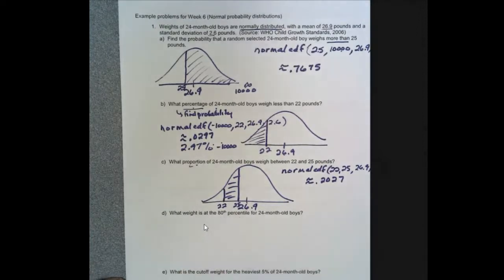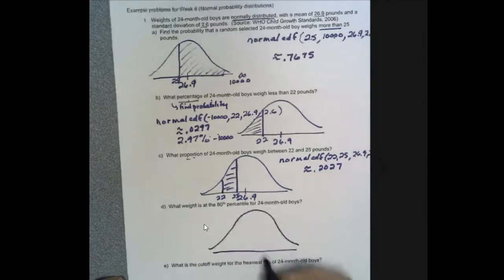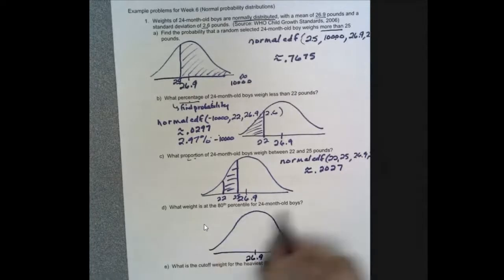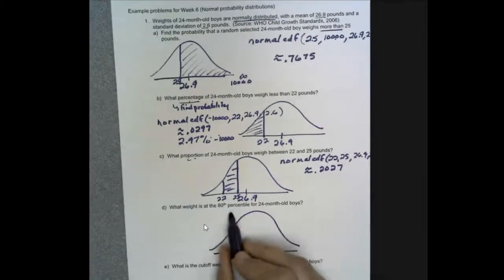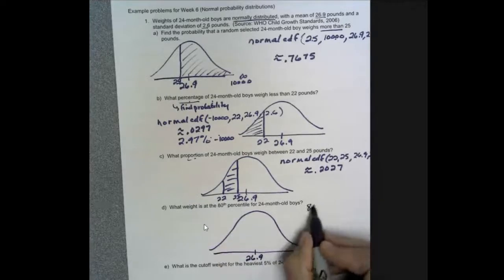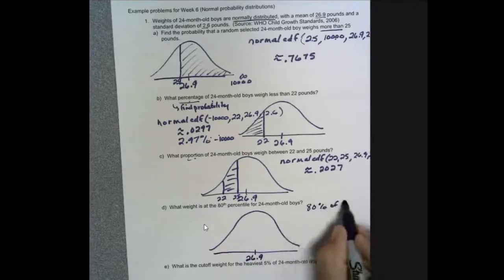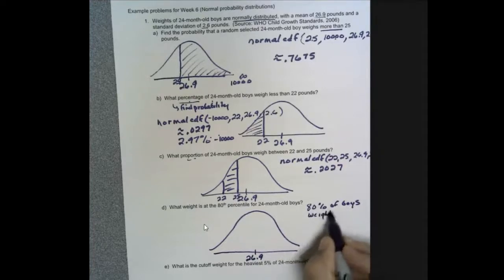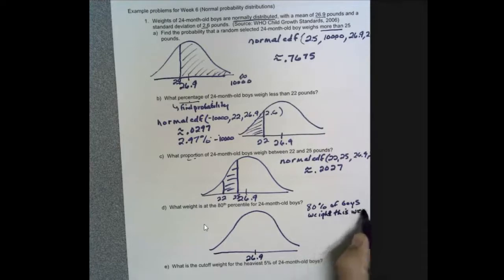For this one, you also have to know what a percentile means. We talked about percentiles in the last unit, but if it's at the 80th percentile, that would mean that 80% of boys weigh this weight, whatever it is, or less.